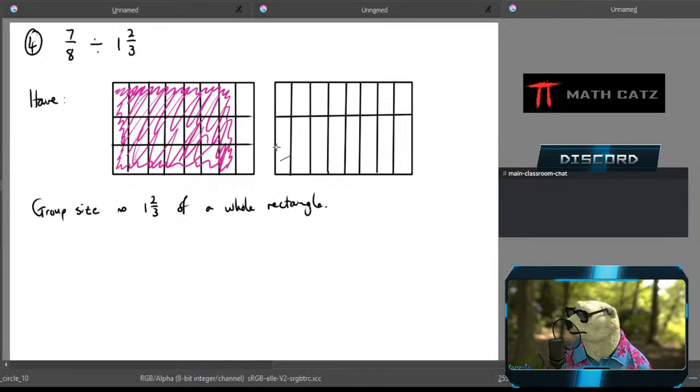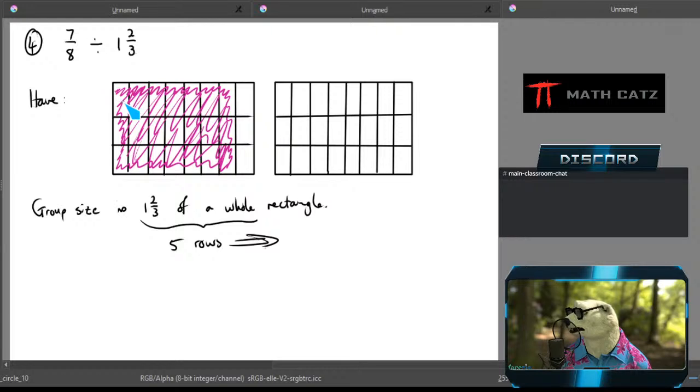And there we are. So now I can see, okay, one whole rectangle has 3 rows, and then 2/3 of another one, that's 5 of the rows. That is a whole bunch.